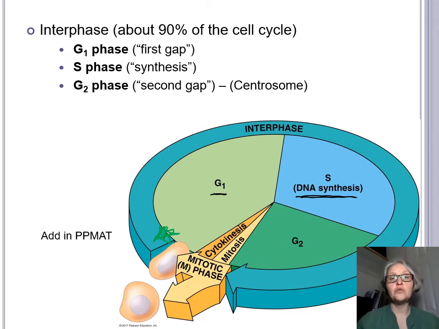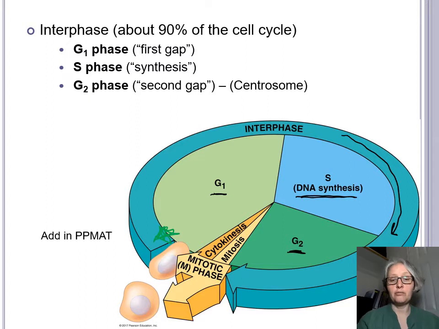This is where the cell has recognized that it's going to need to divide, and it's making a copy of its genetic information. After S phase, we then find ourselves in the G2, or the second gap phase. This is where we're going to start building some of the machinery needed in order for the cell to go through cell division. They're going to duplicate the centrosome region.